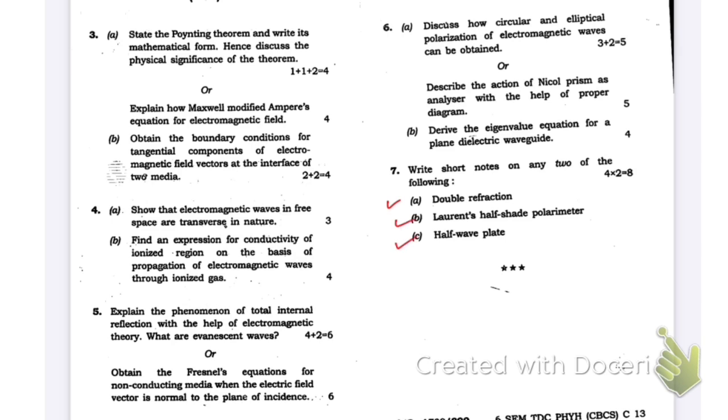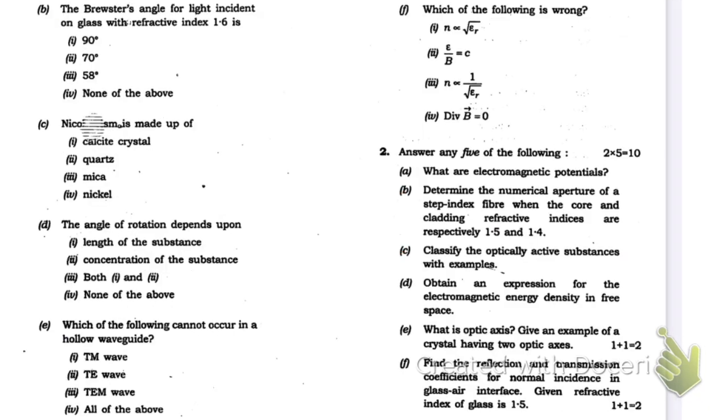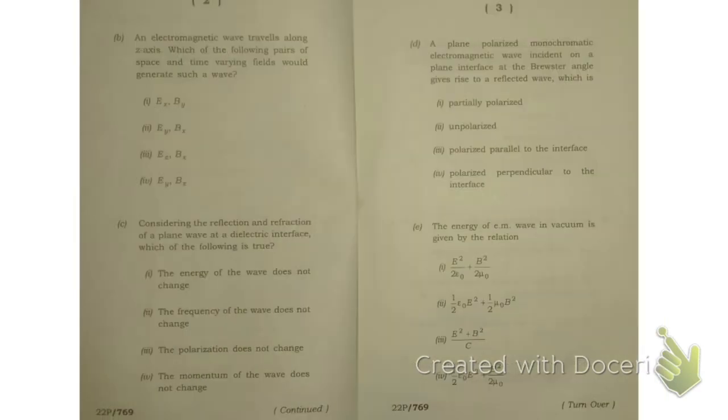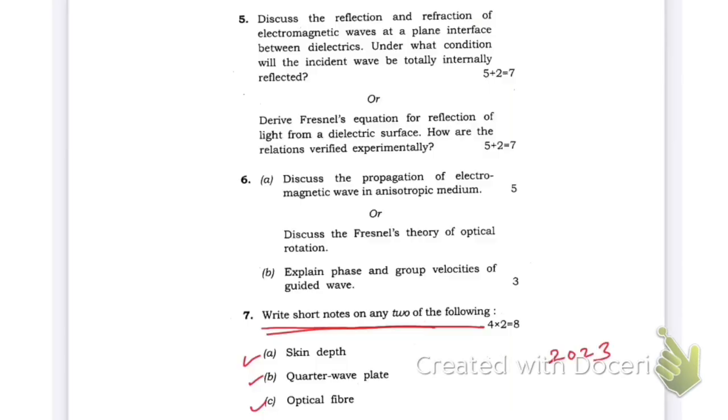Now you see how many topics we have. Here we have 3 topics, in 2022 we have 3 topics, and here also we have 3 topics. So in total we have 9 topics, of which skin depth is repeated once, so we have a total of 8 topics on which you need to write short notes.